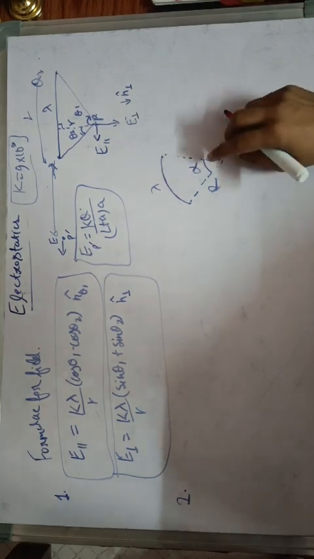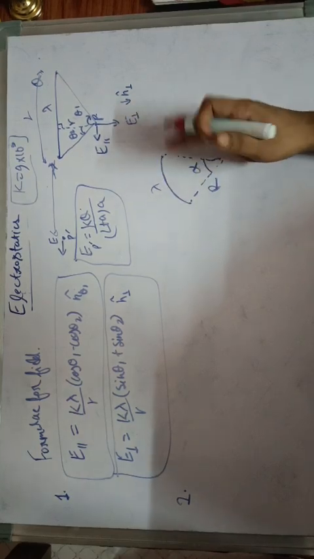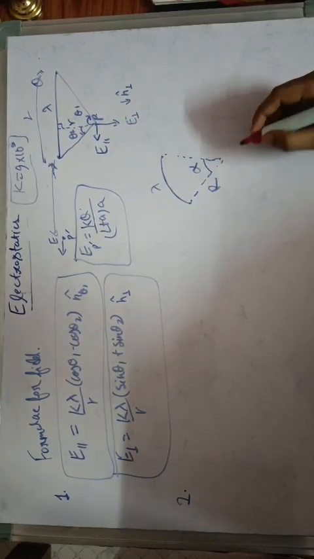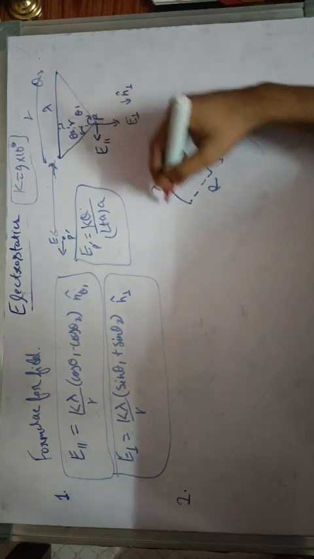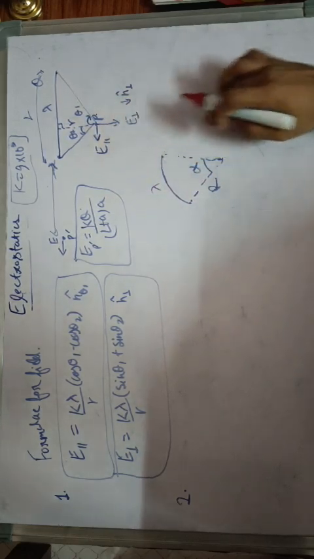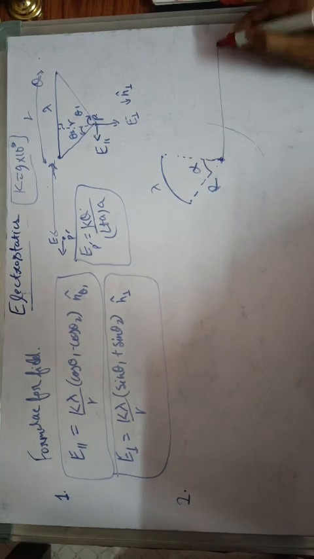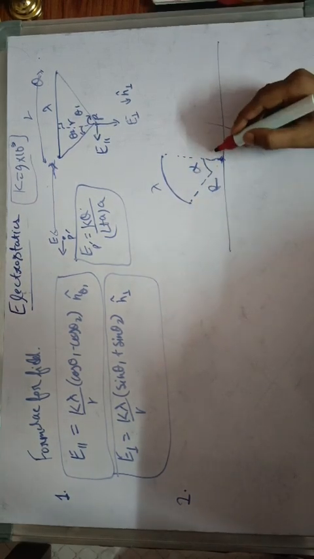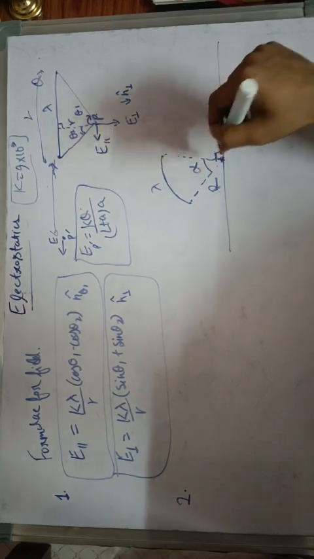This arc is made by a radius r, and it subtends angle alpha. Let's say this was part of a circle, and this is the center point of it. An axis passes from the center point perpendicular to the plane of the arc.